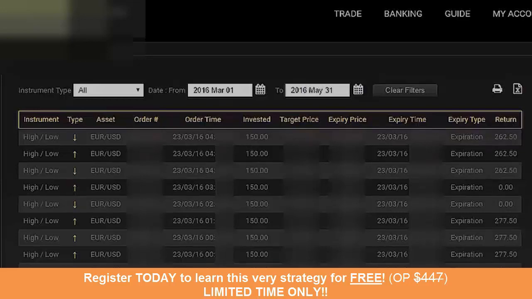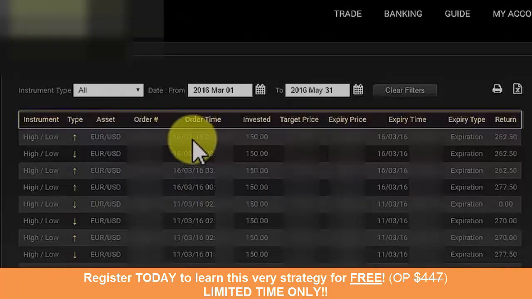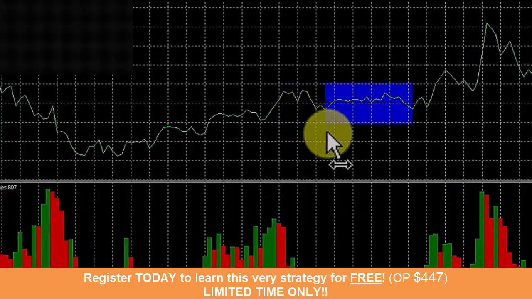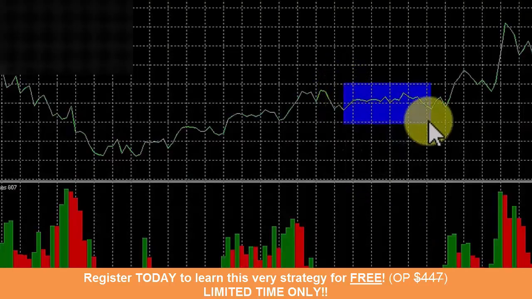As you can see here, I have marked out in blue rectangles Gambit's trading sessions based on the trade log. I've plotted all his trading sessions on this MT4 based on the time he entered all his trades, and we can see it represented here.